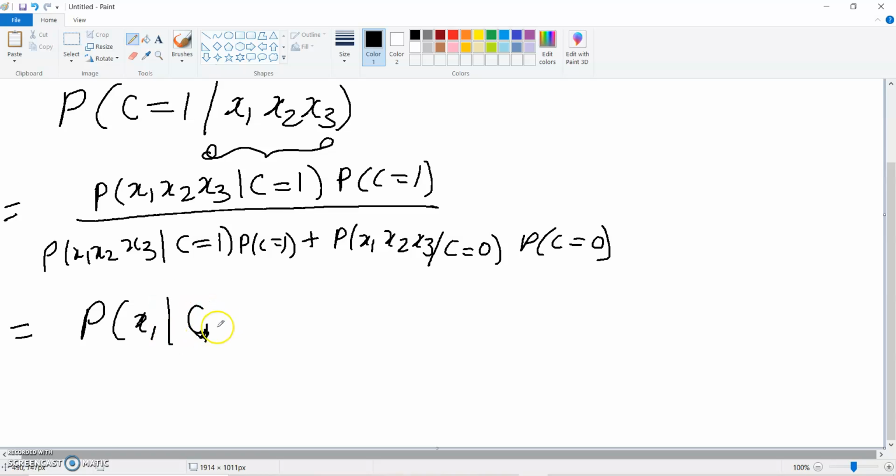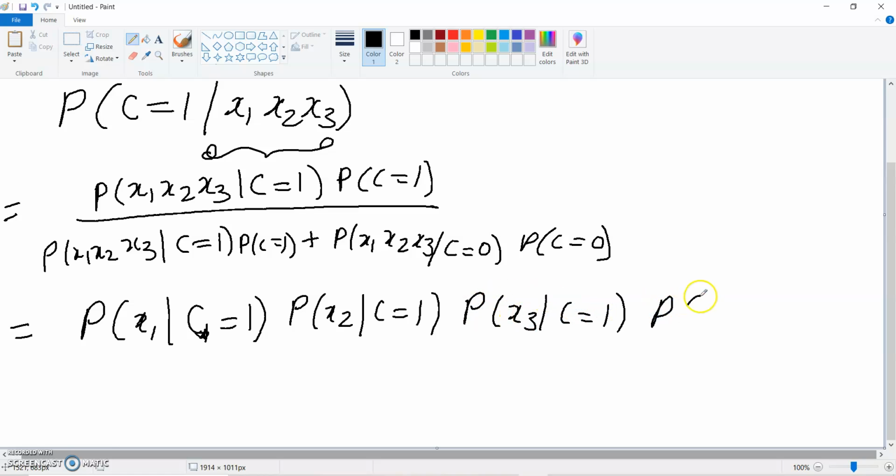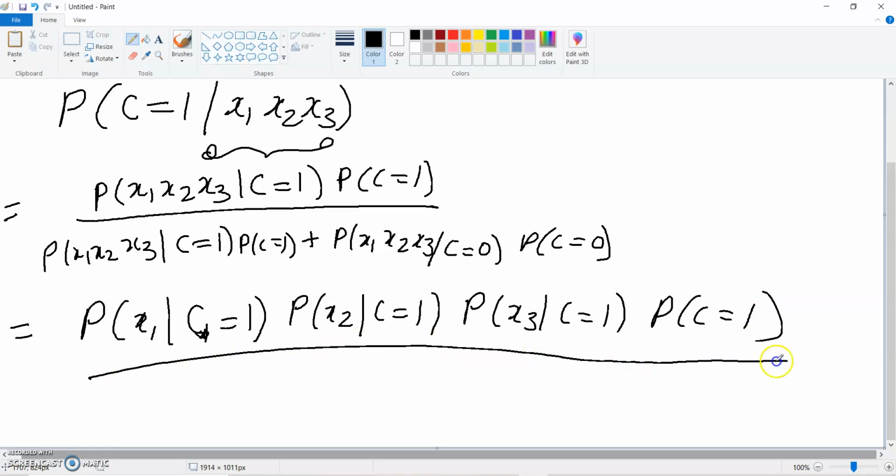So this is C. So now this one I will write a little small so that we can write the whole thing.